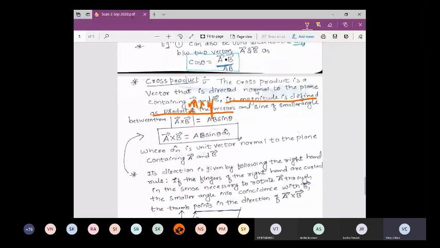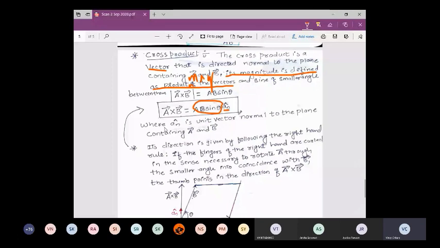Whereas we know that the cross product is a vector, and this represents the magnitude, and the direction is given by A n hat. Now we should answer the question, what is A n hat?